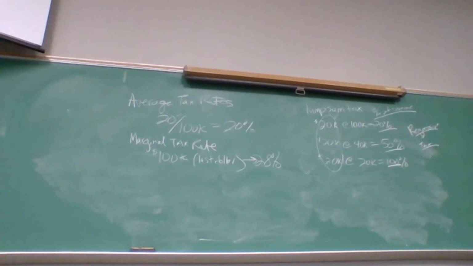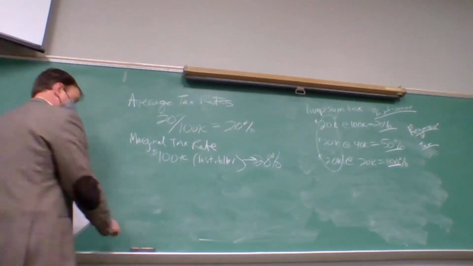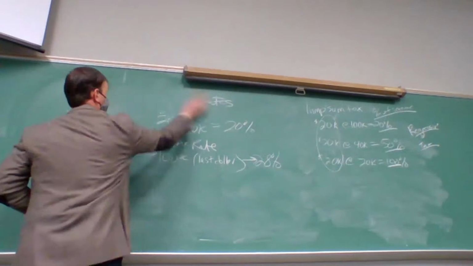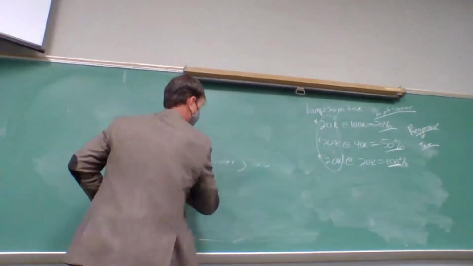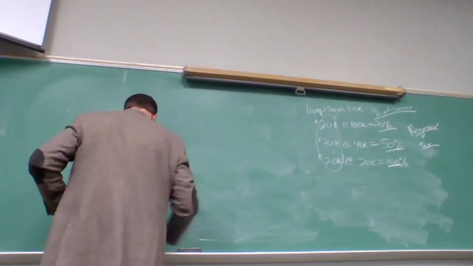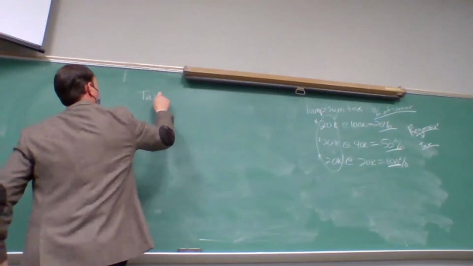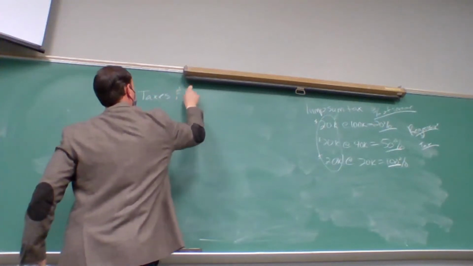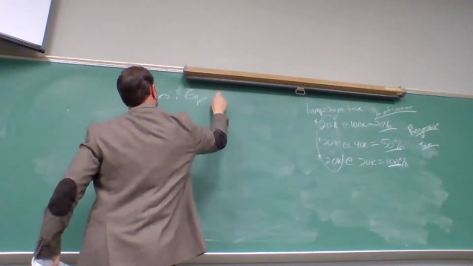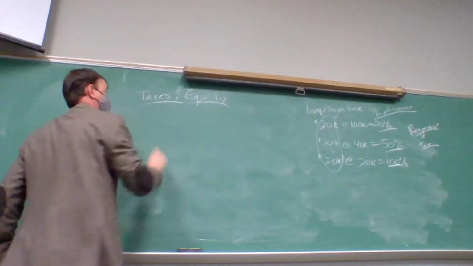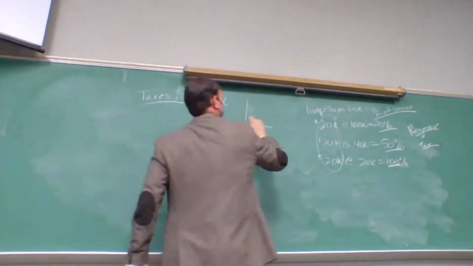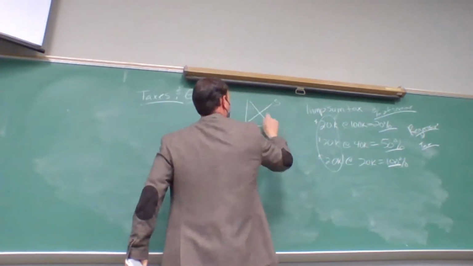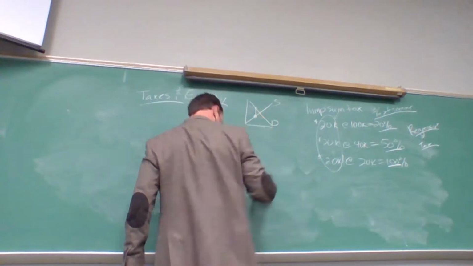So, how do we look at taxes and equity? Remember, we're choosing either efficiency or equity, and if we're looking at a tax, we covered this, there's my tax wedge.